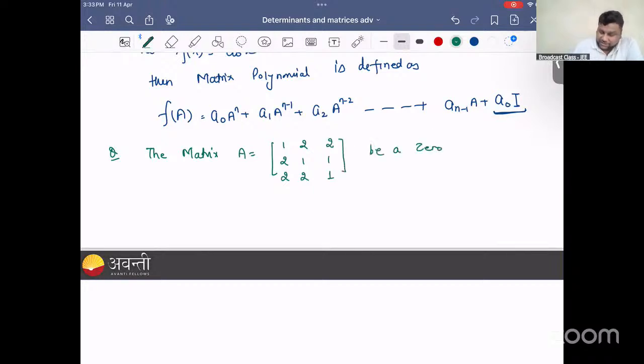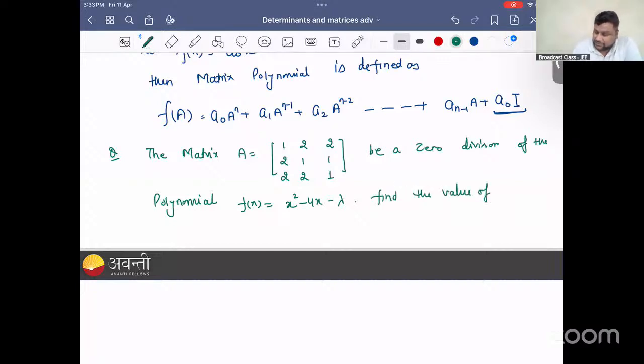Be a zero divisor of the polynomial f(x) equals x square minus 4x minus lambda. Find the value of lambda. Hence, find trace of A cube.